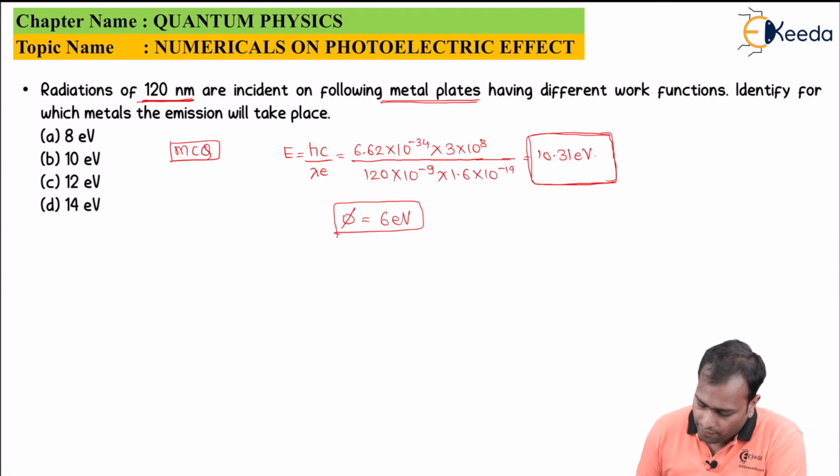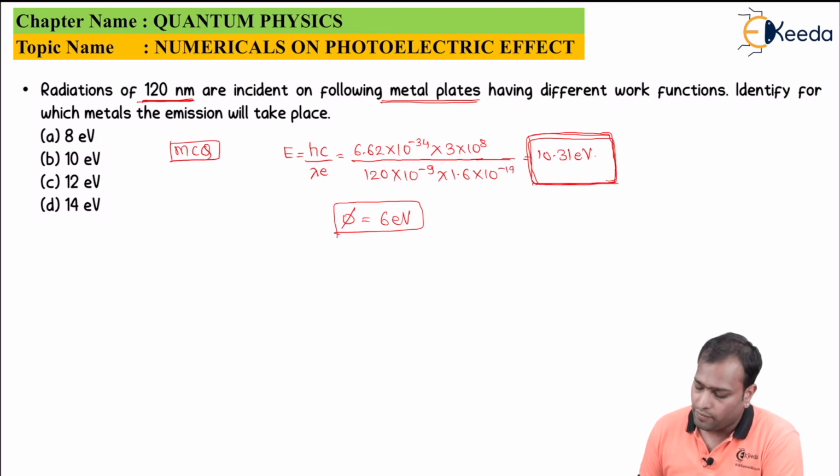So now I've got 10.31 electron volt as the energy which I have supplied. So it can only kick off the metals whose work function is below 10.31. Now let's suppose the work function of the metal comes out to be 12 electron volt.